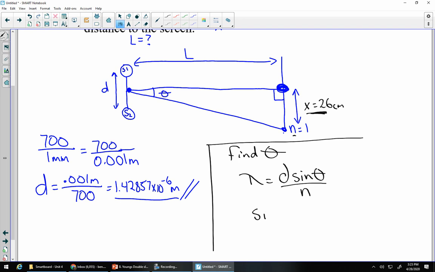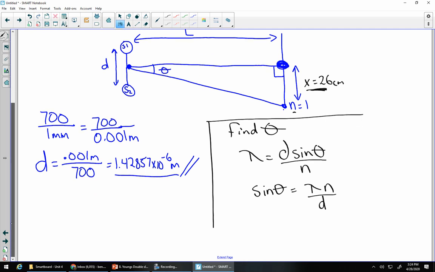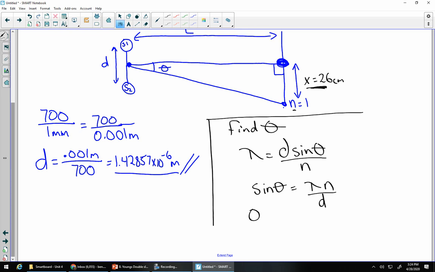So let's rearrange. I'll do it in two steps. Sine theta is going to be equal to lambda times n divided by d. And I don't really want sine theta, I want theta. So theta is equal to inverse sine of lambda times n over d.